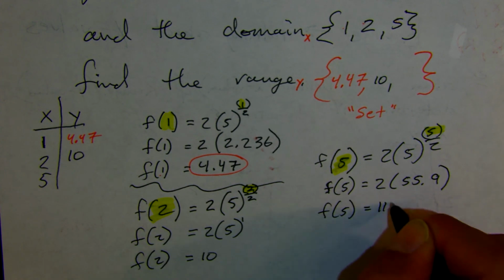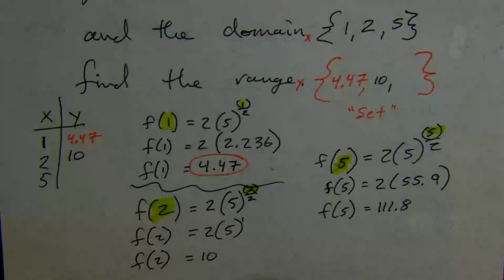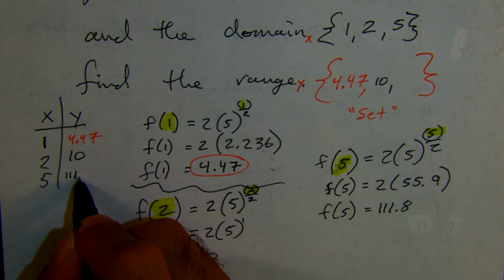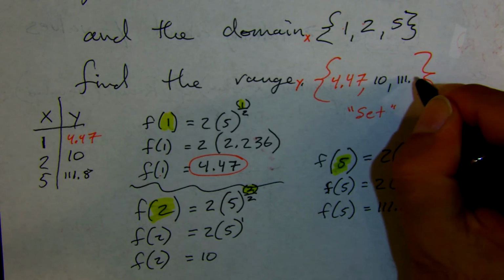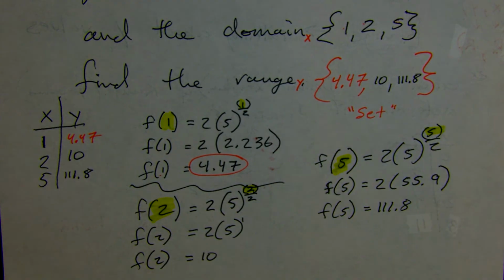And this is 55.9. Yep, so it is 111.8. F of 5 is equal to 111.8. Good. Whew. That's it.